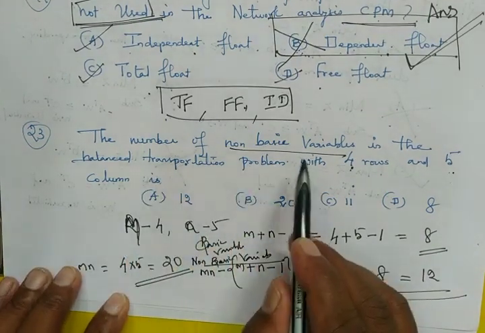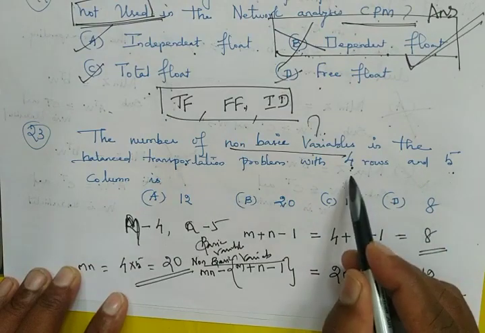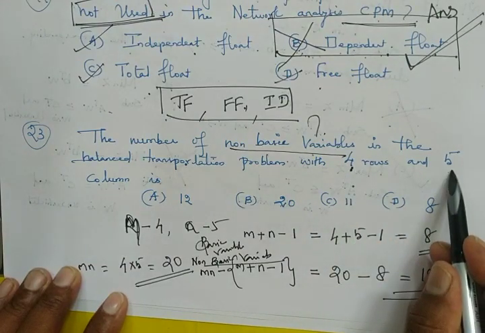I will repeat once again. The question is to find the number of non-basic variables. The given rows are 4 and the given columns are 5.